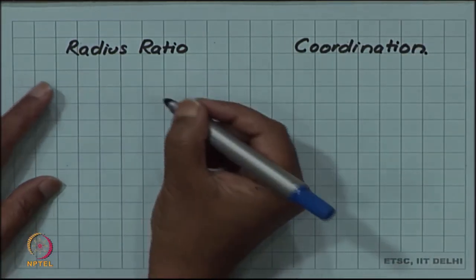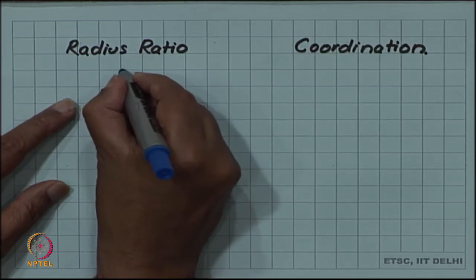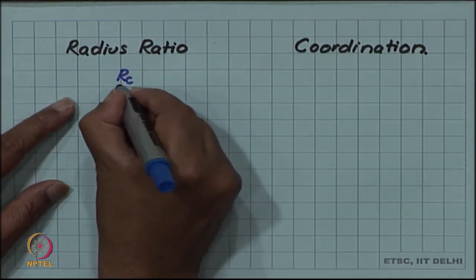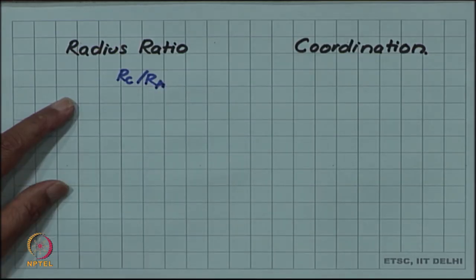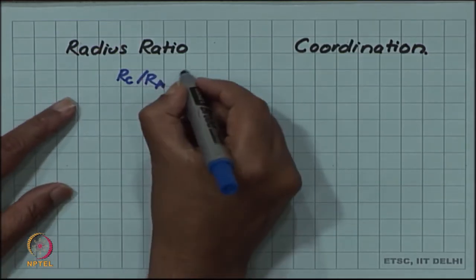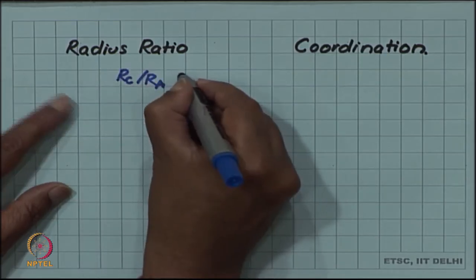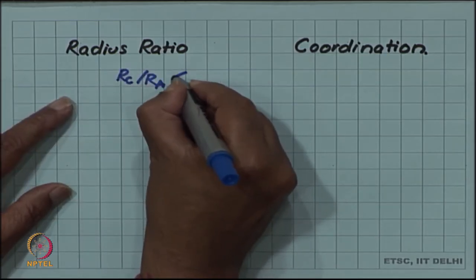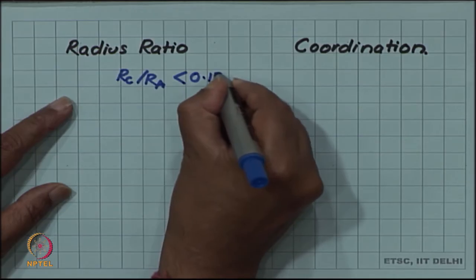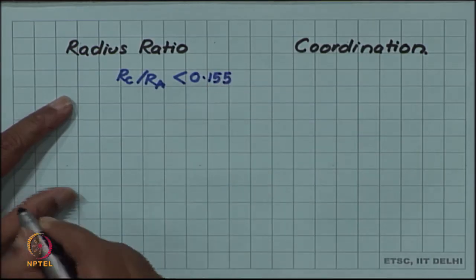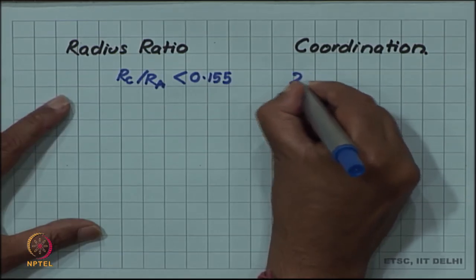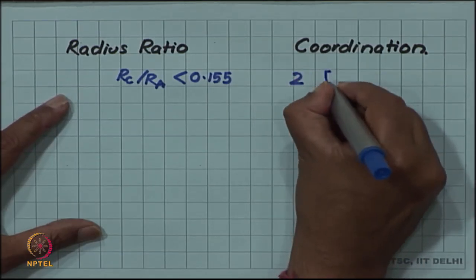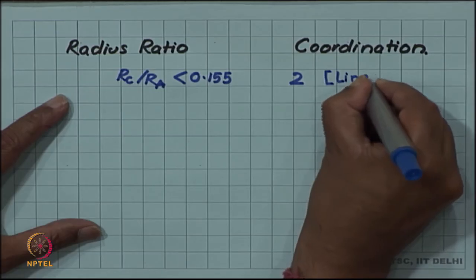And now, what we have seen, that if you have radius ratio RC by RA less than 0.155, then you have a coordination of 2, or what we call a linear coordination.